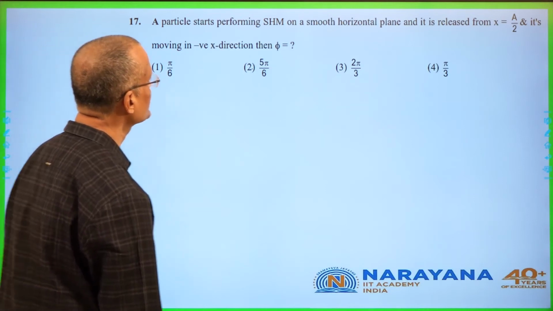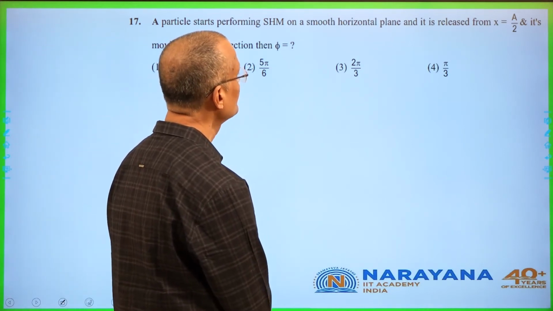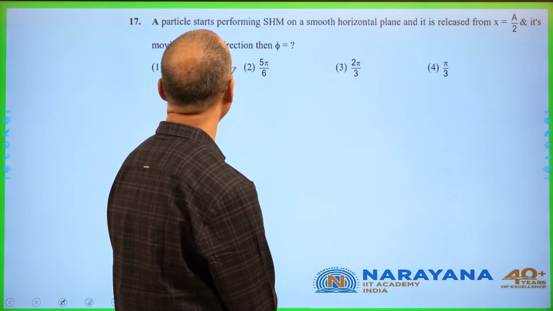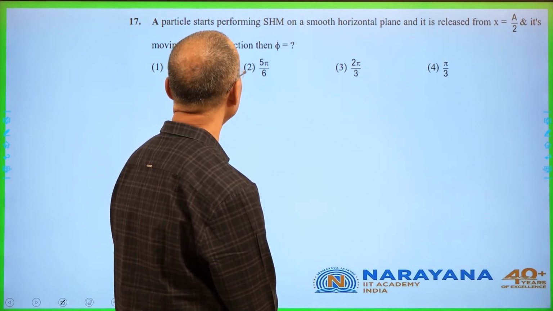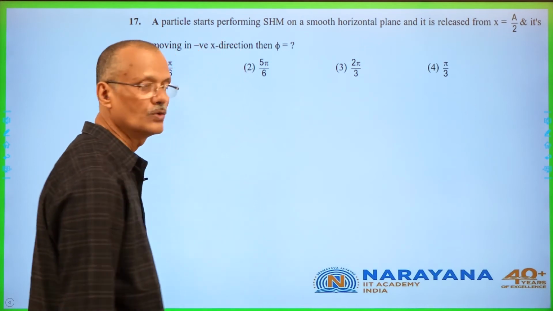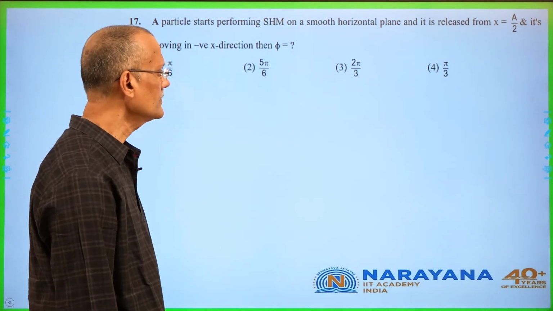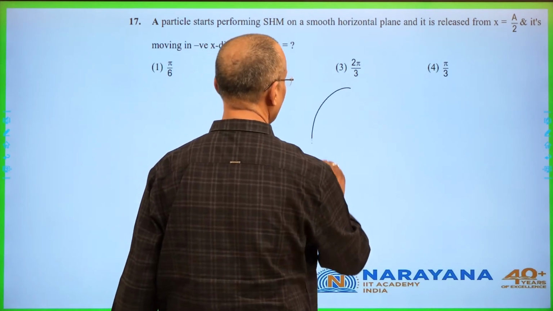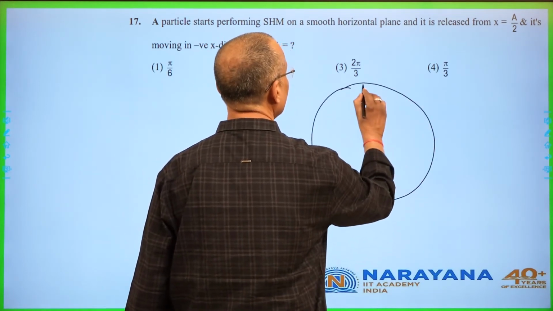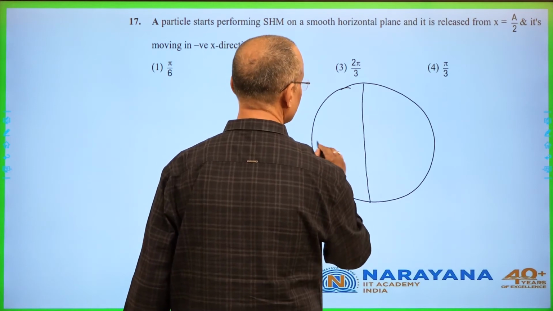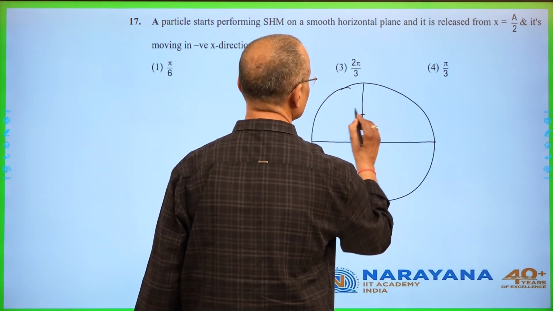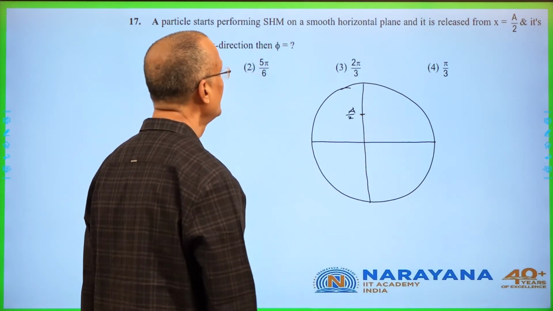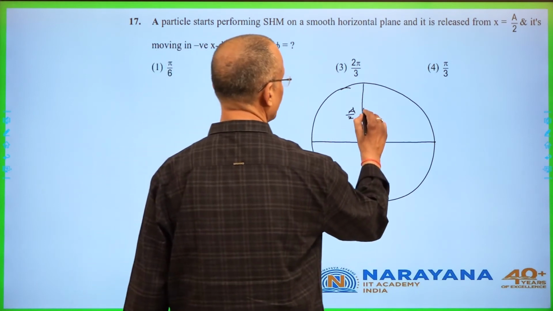A particle starts performing SHM on a smooth horizontal plane and it is released from x equal to a by 2 and it is moving in negative x direction, then they are asking you phase difference. If you take circle of reference, so I am drawing a circle of reference. This is amplitude A, this point is a by 2 and it is moving in negative x direction.